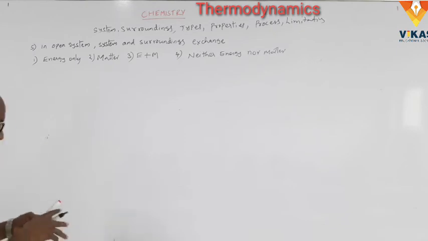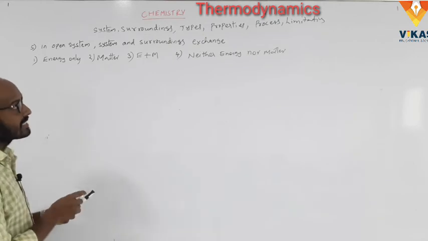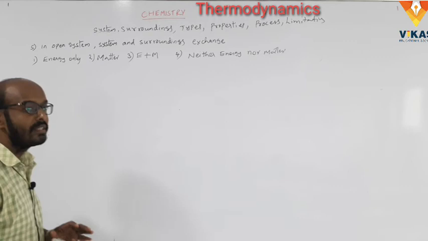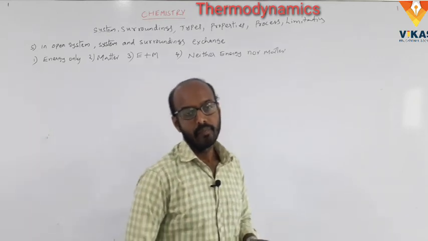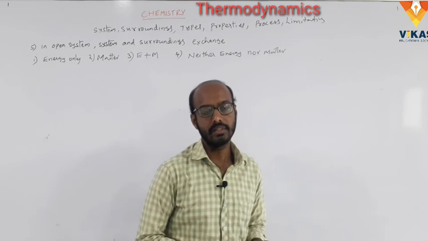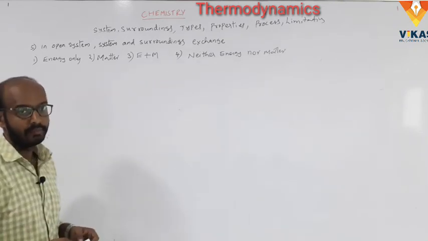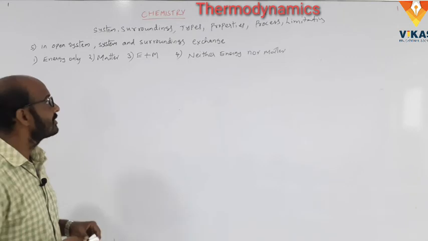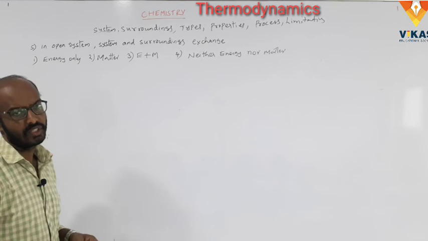Okay, so in open system అంటే ఇప్పుడే చెప్పున్నానా, in open system, system and surroundings exchange. So what is the open system? The system which can exchange both energy and matter. Exchange of energy and matter is called open system. Closed system, exchange only energy.